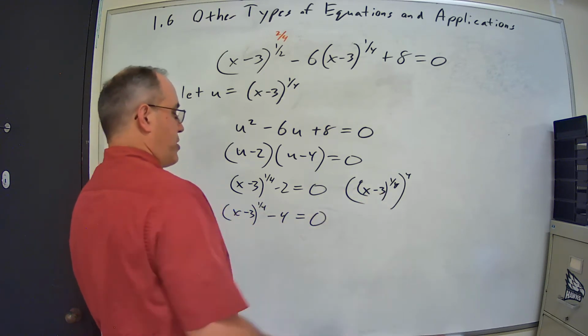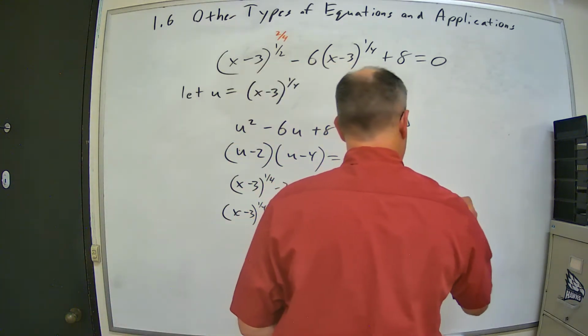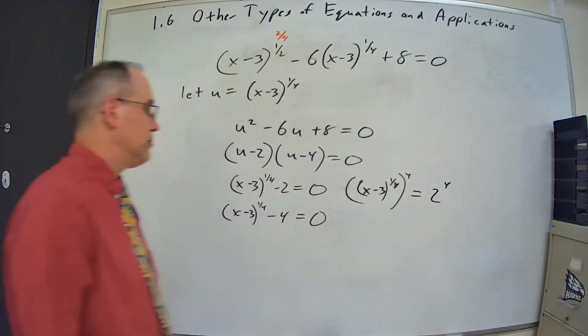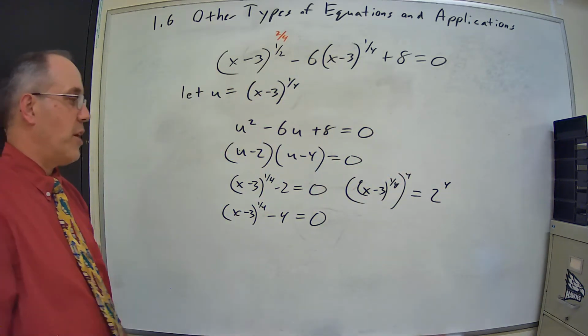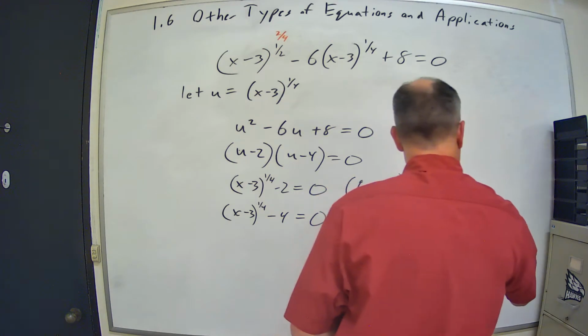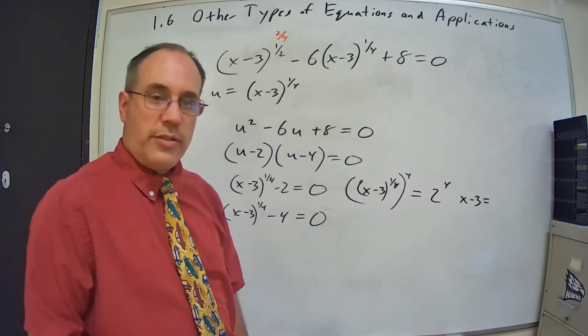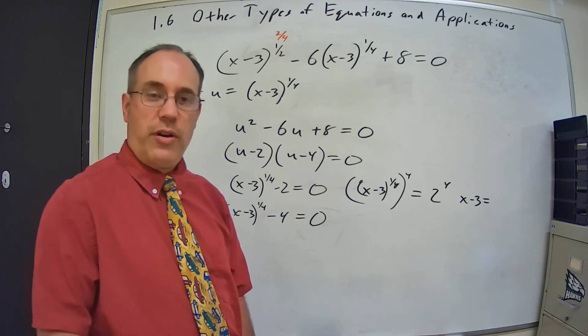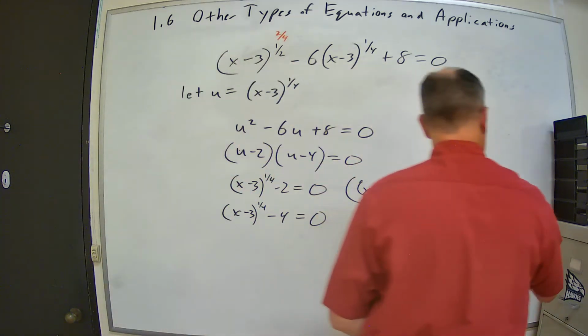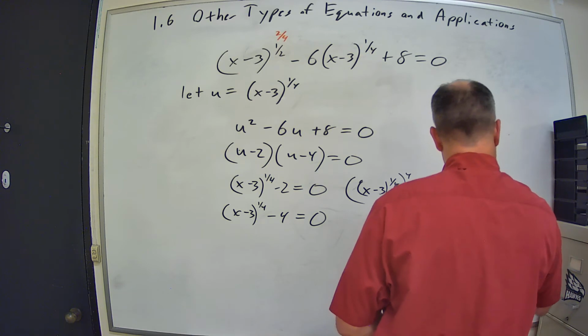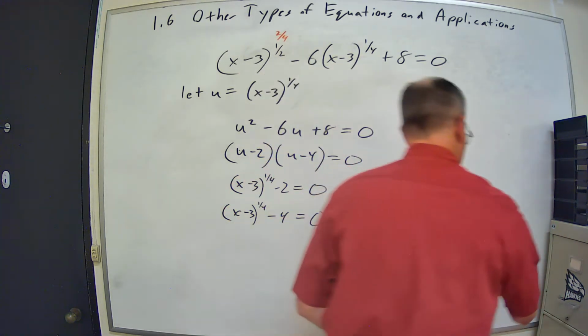I'm going to move the 2 over to the other side, so it is equal to 2^4. So that works out nicely. So that's x - 3 is equal to 2^4, which is what? 16. 2 times 2 is 4, 8, 16. So x is equal to 16 + 3, or 19.